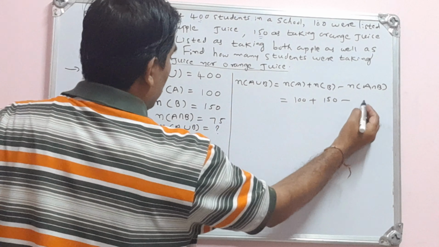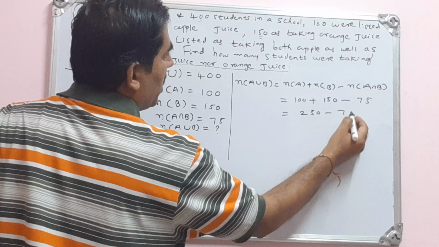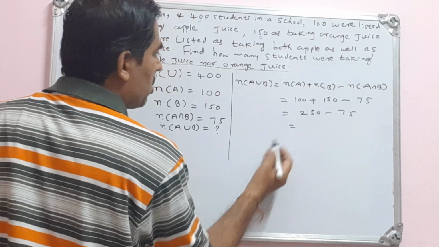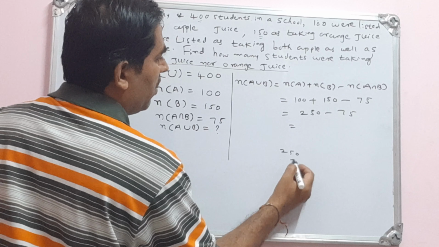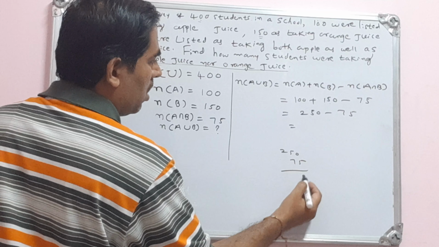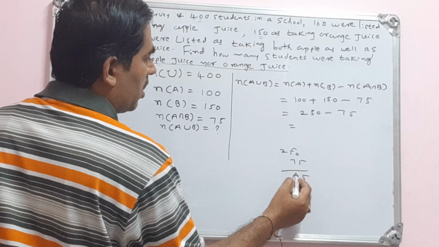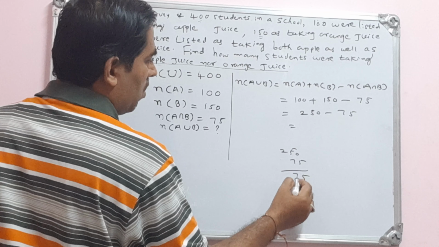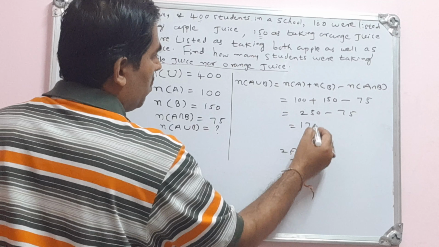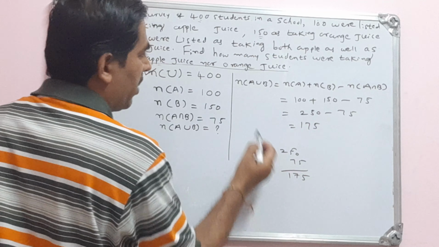Adding 100 plus 150 gives 250, minus 75. Subtracting this, we get 175. So n of A union B is 175.